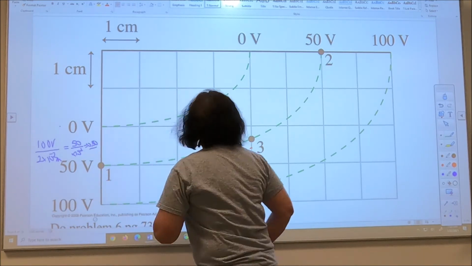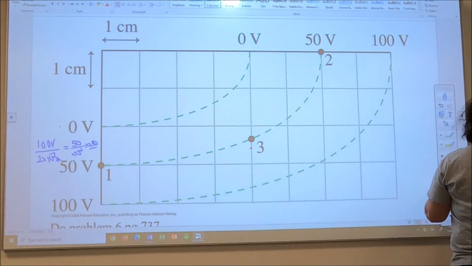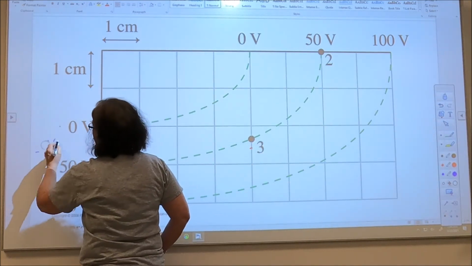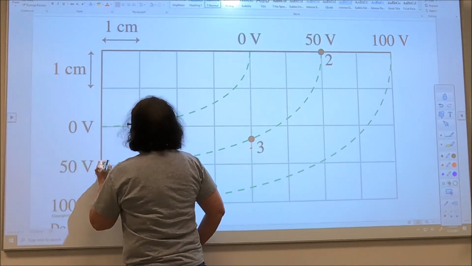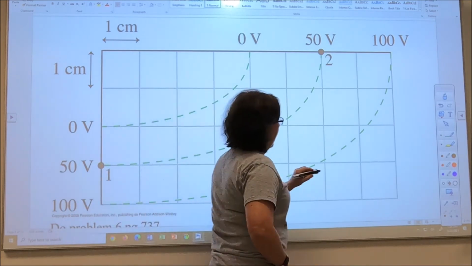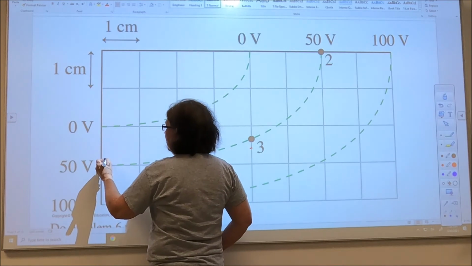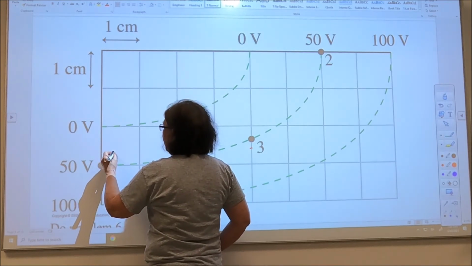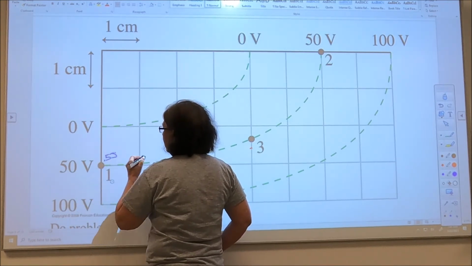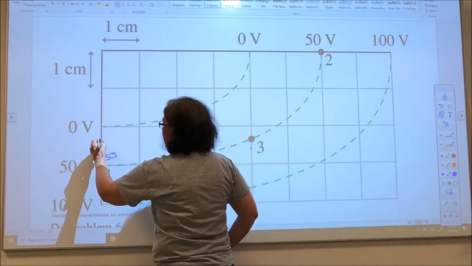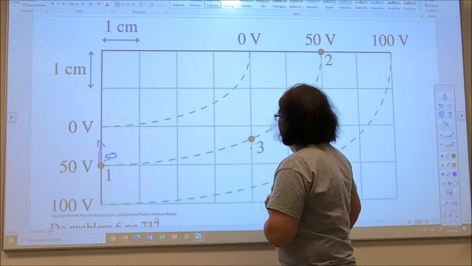Let me write that neater. So at point 1, I have an electric field of 0.5, and it's going to point in this direction.